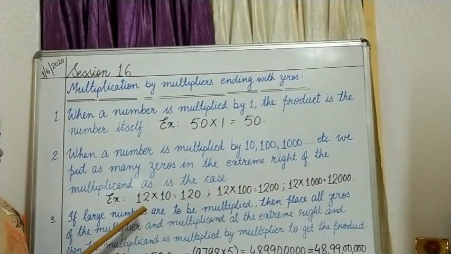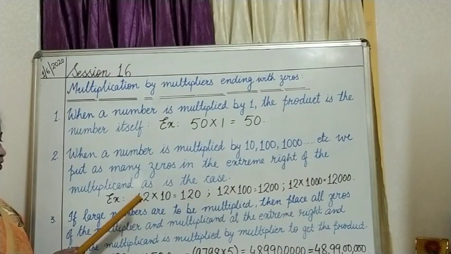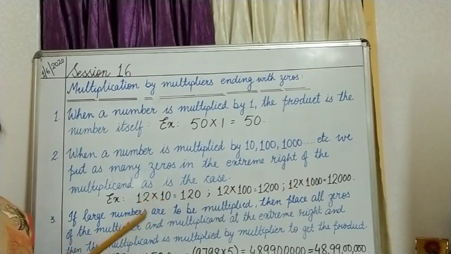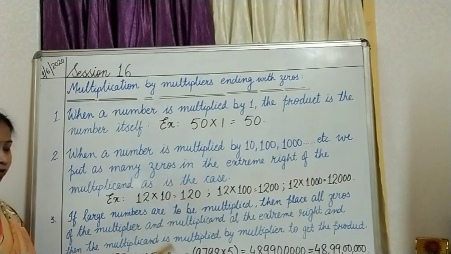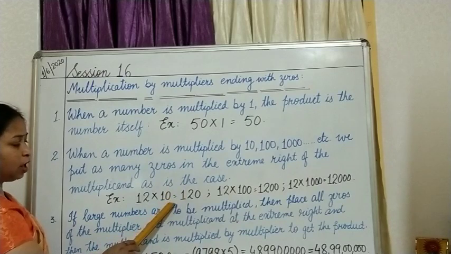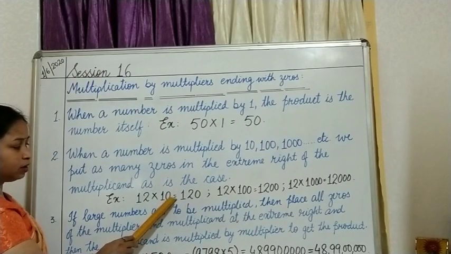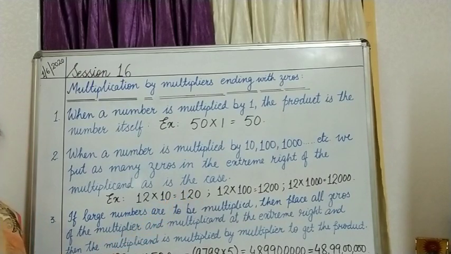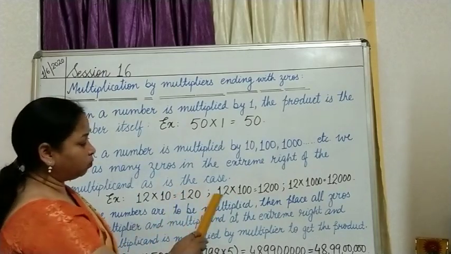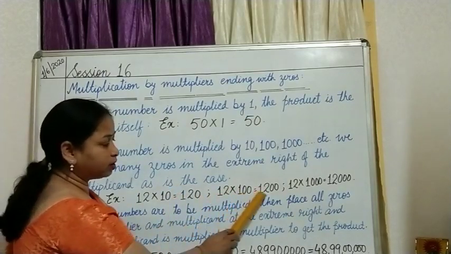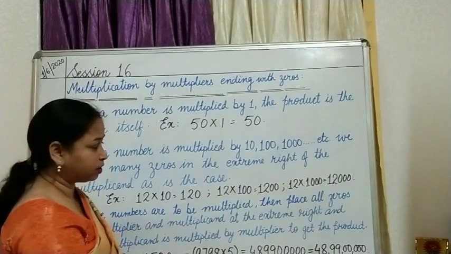For example, if I have a multiplicand as 12 and multiplier as 10, when we multiply these two, what we have to do children? 12 ones are 12, that's all. How many zeros can you see here? One. So this you have to place in the extreme right. If we change from 10 to 100, what will be the answer? 12 ones are 12, the same thing.